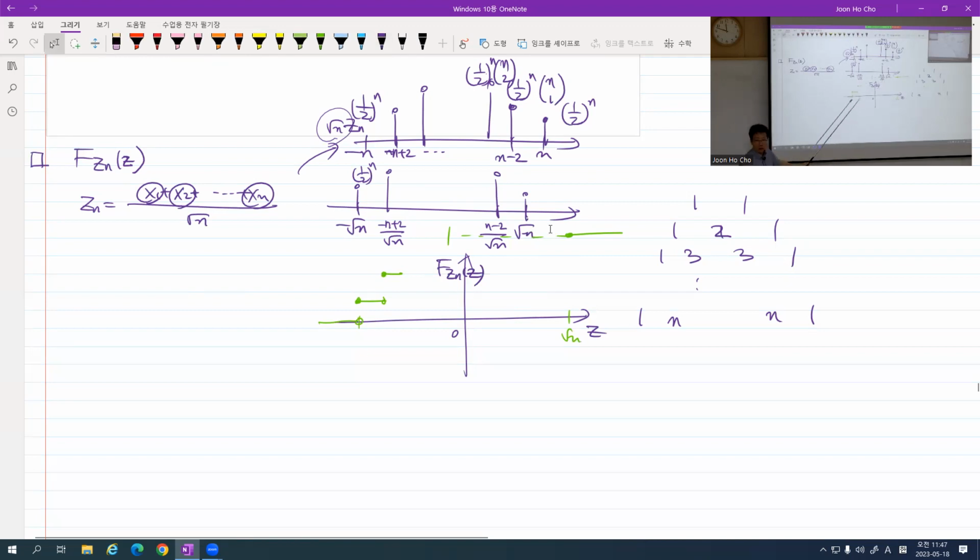N minus 1, right? So your length becomes sublinearly increased because the length is square root n. Now your points increase linearly. So it's like you increase sublinearly, but the points increase linearly. However, for any sufficiently large n, still the CDF is what? Still piecewise constant. It has jump discontinuity.